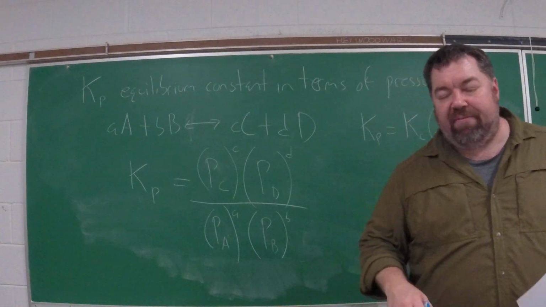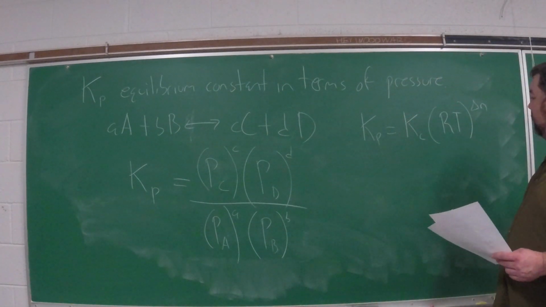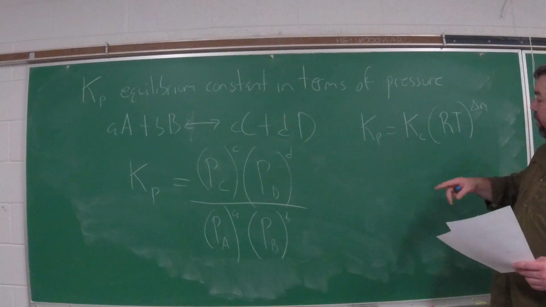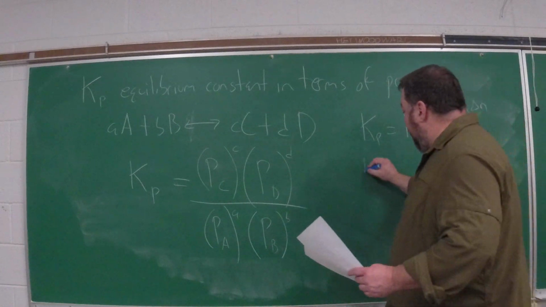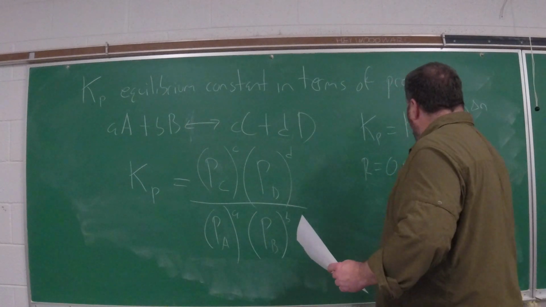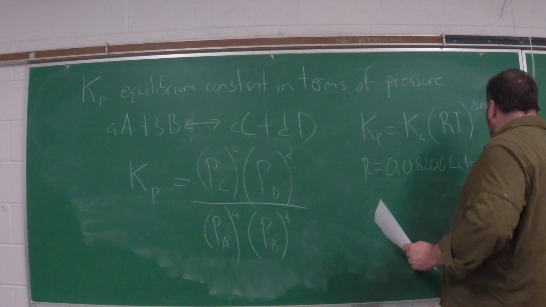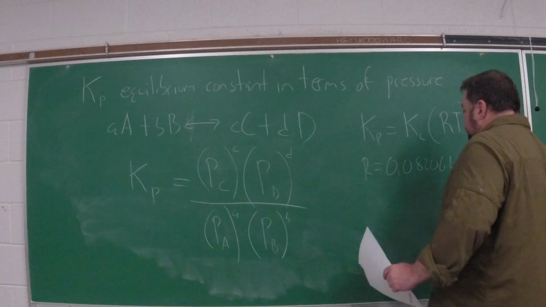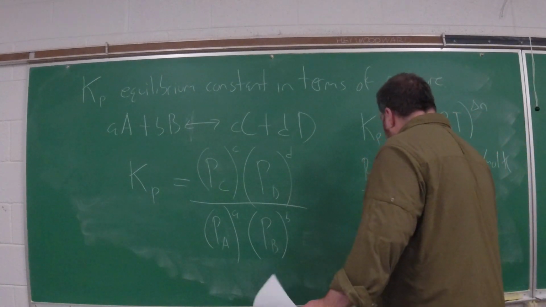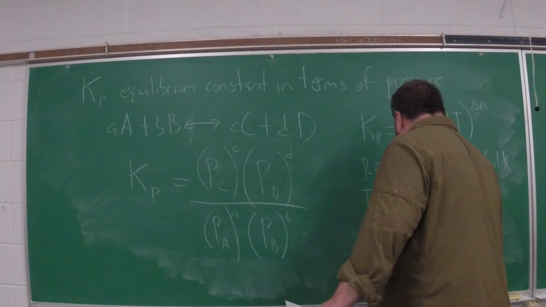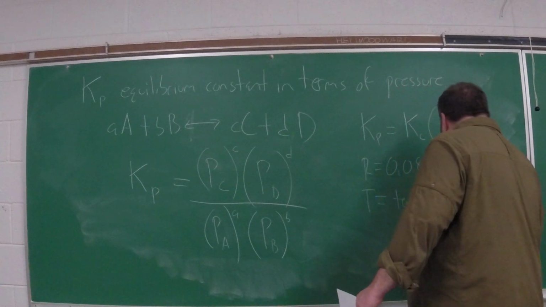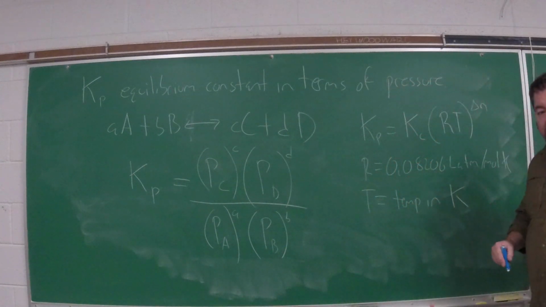My timer's going off. I'll end here in a moment. So again, R is 0.08206 liter atmospheres per mole Kelvin, and the temperature is in Kelvin. And then what is delta n?